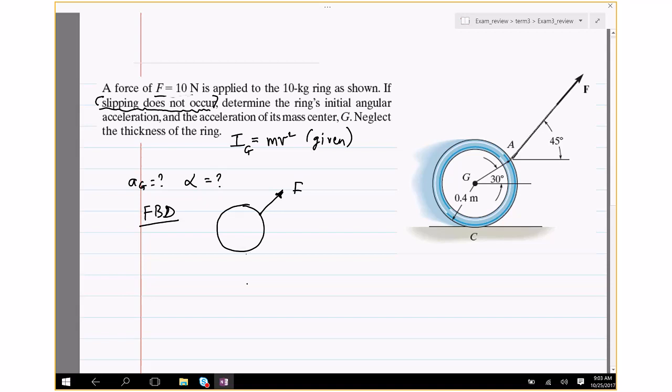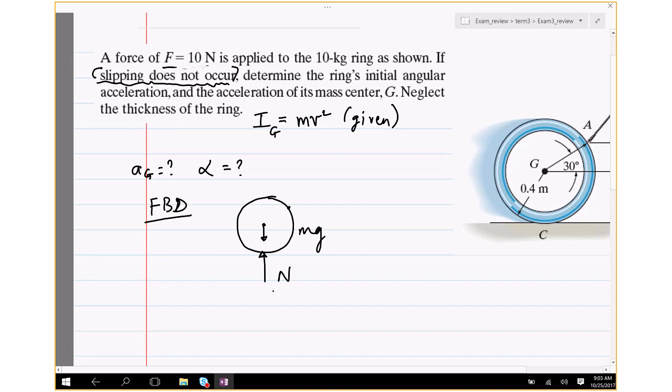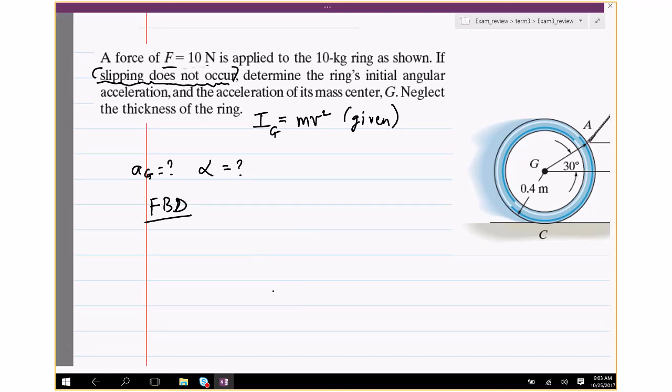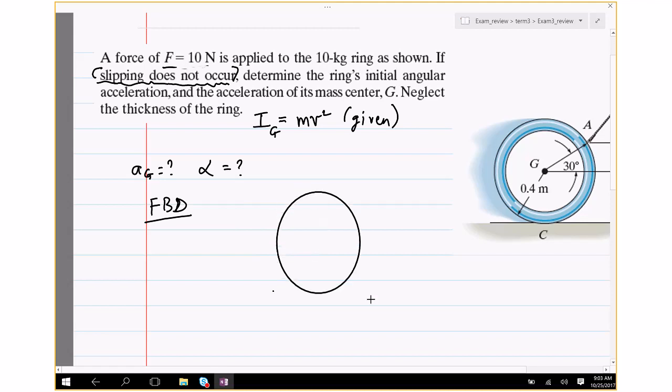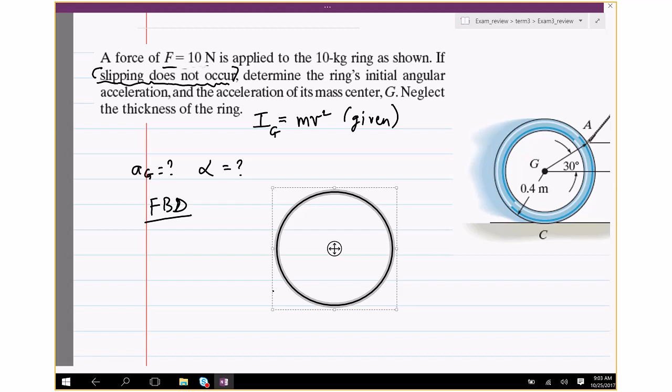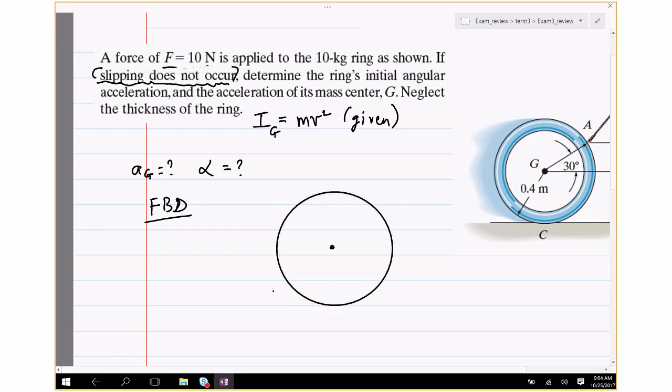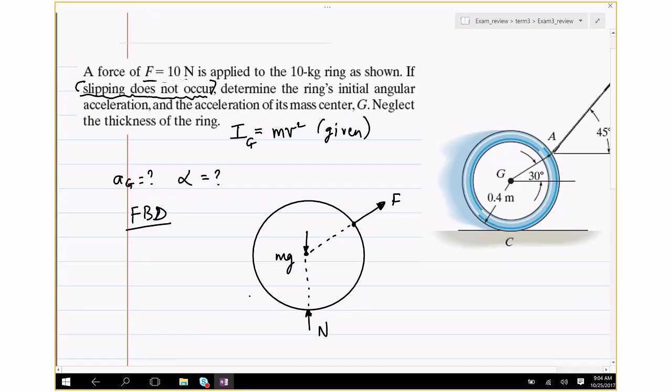So force F, mg, normal force. Oh, this is not right.